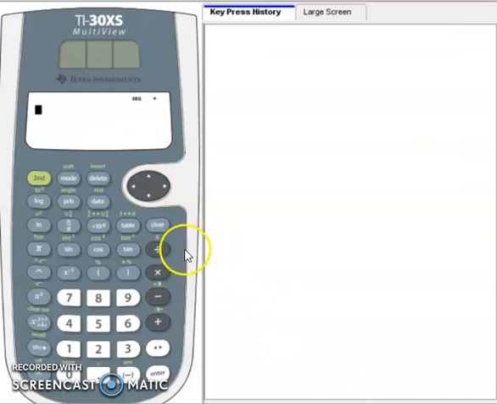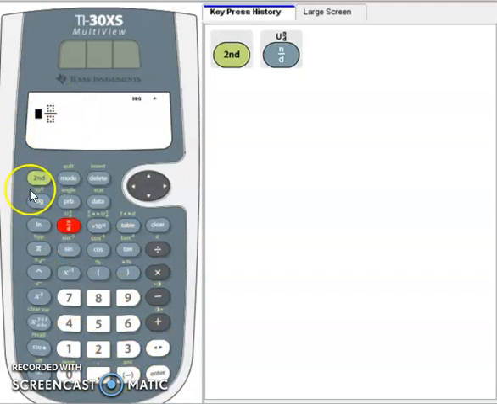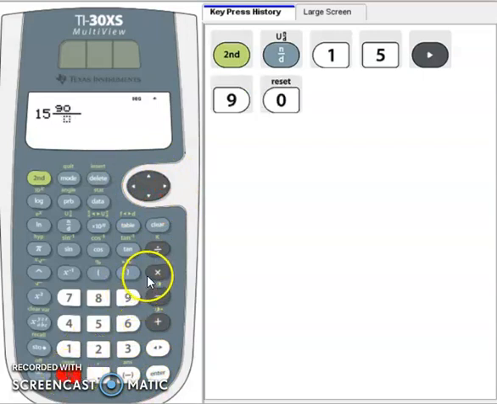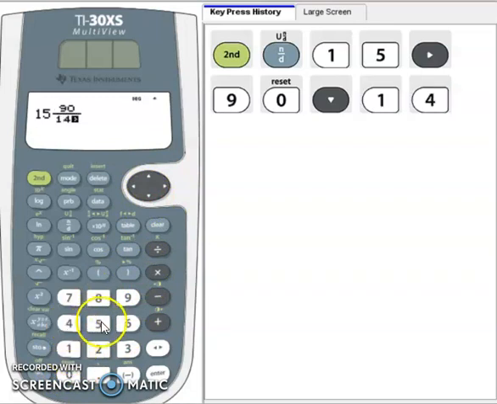If I want to do a mixed number, it's actually that same button, but what I would need to do first is hit the second and then the fraction button. Notice I have the 3 boxes there. The first box is going to be for my whole number. Then I use the arrow buttons over here. Let's say I want the fraction to be 90 over 145. Hit enter.